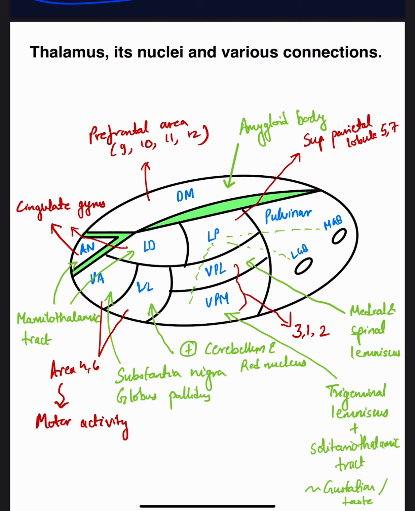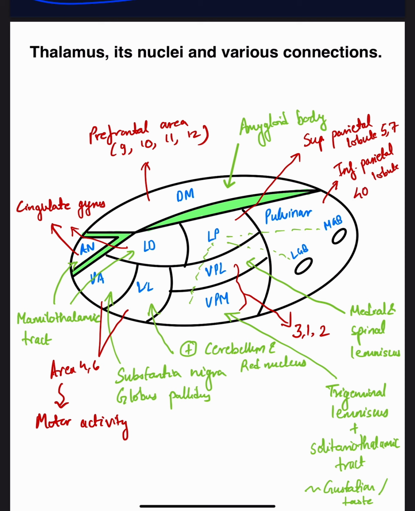And as for the pulvinar, it also receives its signals from the medial geniculate body, the lateral geniculate body, and these ventral posterior regions, and the efferent impulses go to the inferior parietal lobule, which consists of area number 40.